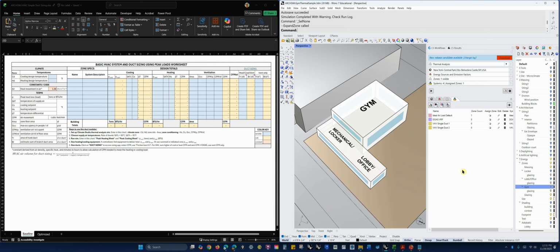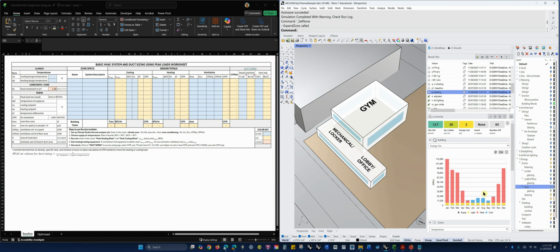So it's a very rough approximation, but it allows us to have a mechanical system so we can get an estimated energy use. It will be constant, so that as we're changing other parts of the project, like siding and envelope configuration, we can see the relative effect of those changes.